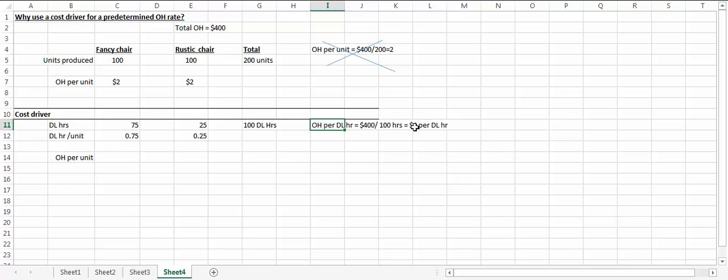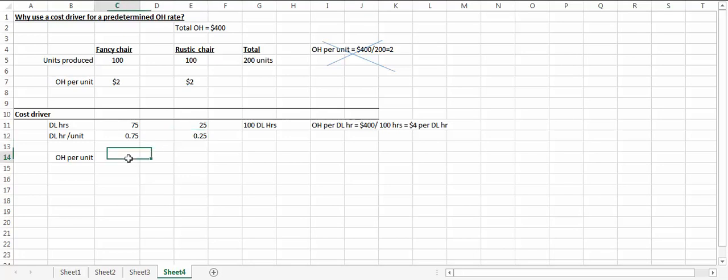So given that information, I can estimate how much overhead I will give per unit. I said it was 75 hours for 100 chairs, so on a per chair basis, it's 0.75 hours. And then here I said it was 25 hours for 100 chairs, so on a per chair basis it is 0.25 hours, or 15 minutes.